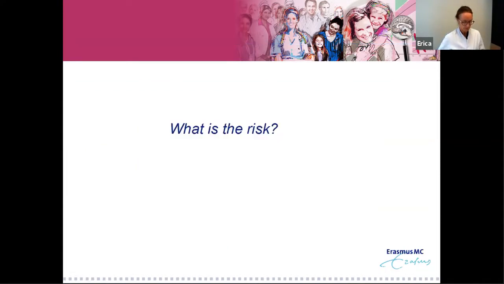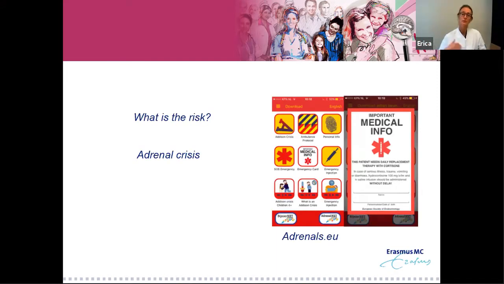So what is the risk if somebody has adrenal insufficiency? Why do we make such a big fuss of it anyway? Well, it's because if you are not able to increase your cortisol levels during illness, you have the risk of adrenal crisis. And adrenal crisis is a life-threatening situation.